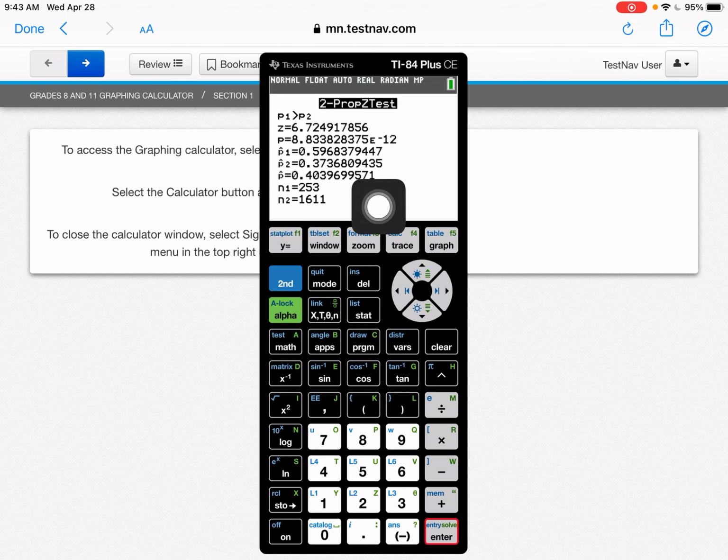We notate it as p hat sub c, but that's going to be your combined sample proportion. So up here we have the z-score and the p-value. The z-score is about 6.7, the p-value about 8.8 times 10 to the negative 12th, which is very similar to the values that we got in that last video. So that's how you use 2 prop z test.